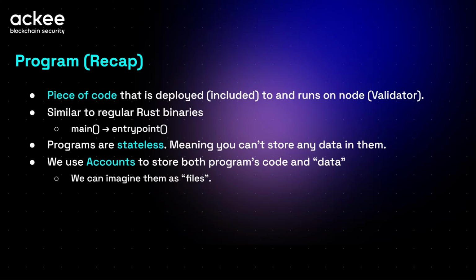But it is included in the network, so the program is actually deployed to the validators, and when you send a transaction to the network to invoke the desired program, it is called or executed on each of the validators.